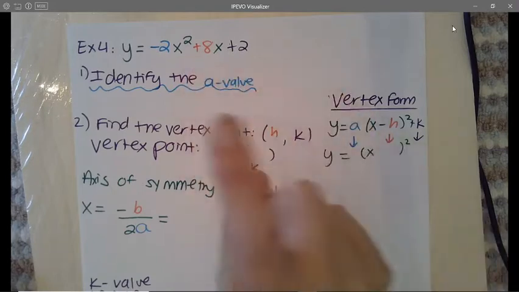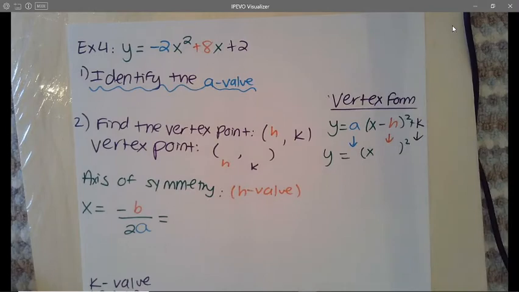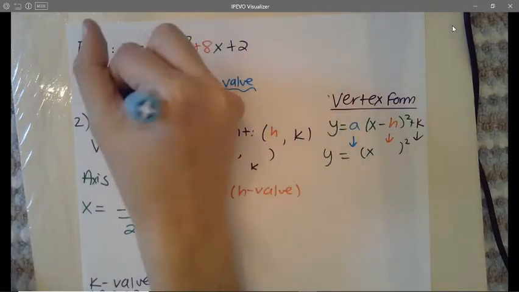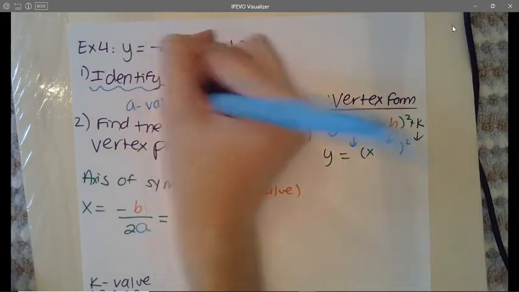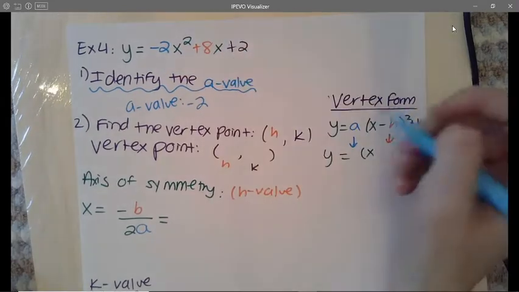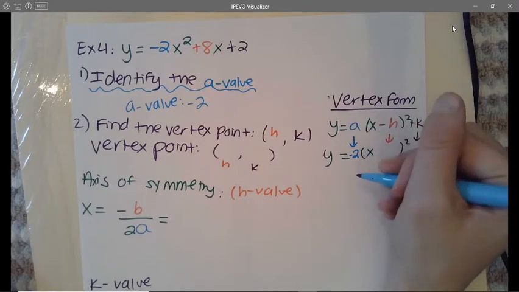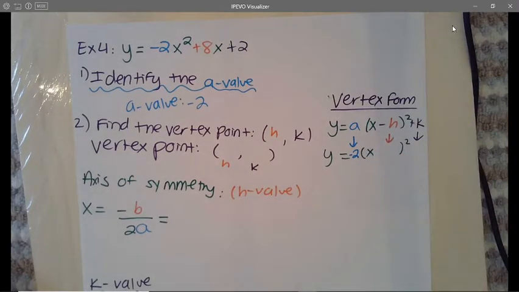So the a value of standard form is the same a value of vertex form. The a value of standard form is the number in front of the x squared, which is -2. So I'm going to write -2 right in front of my parenthesis because that is where the a value goes.